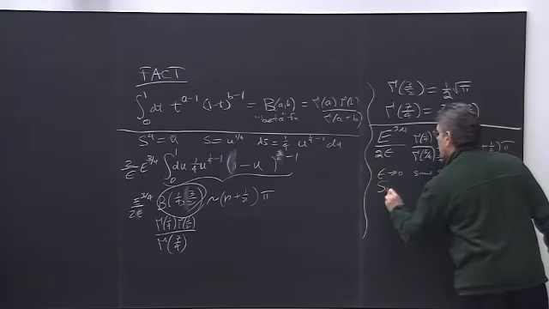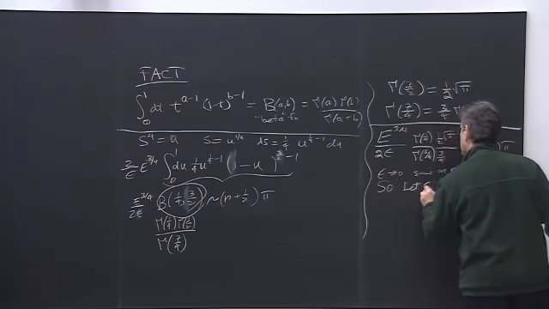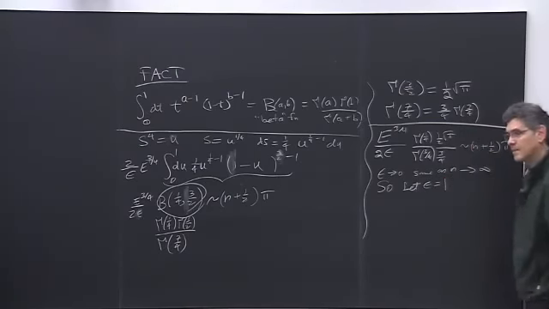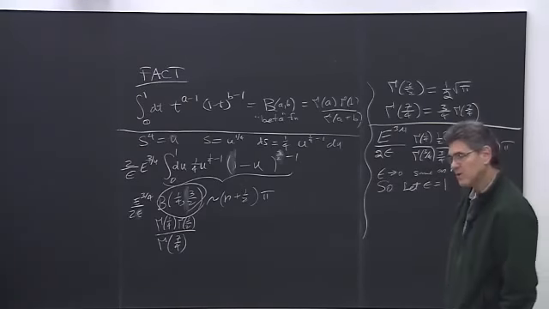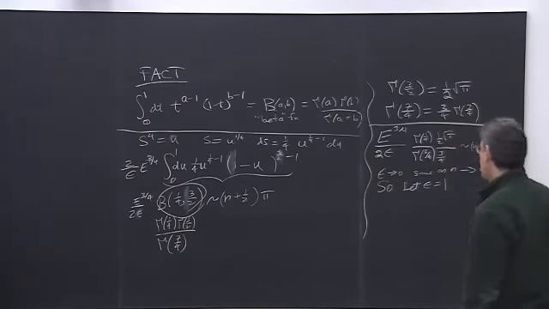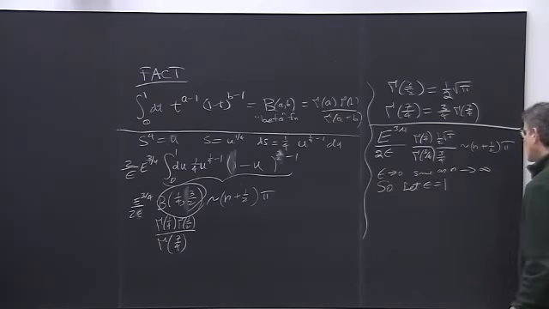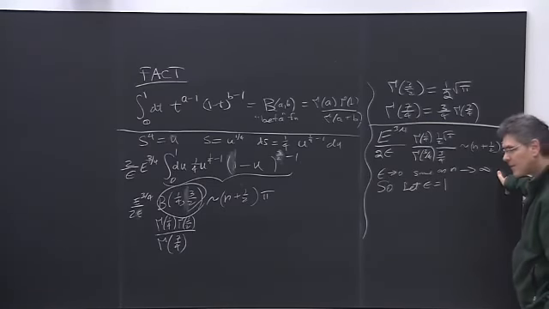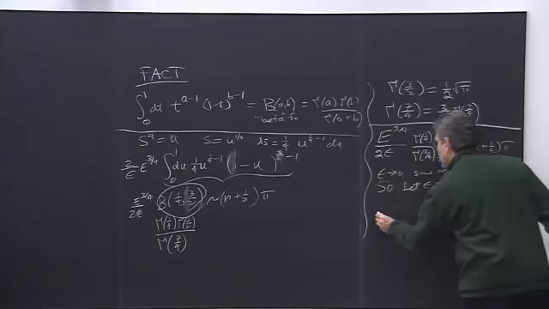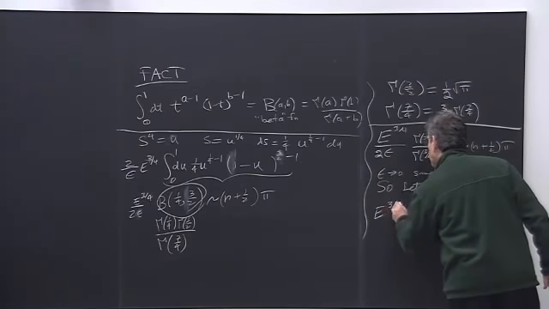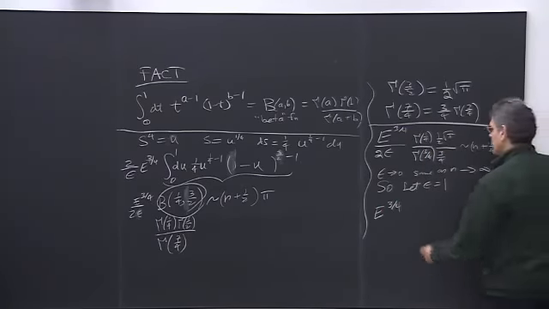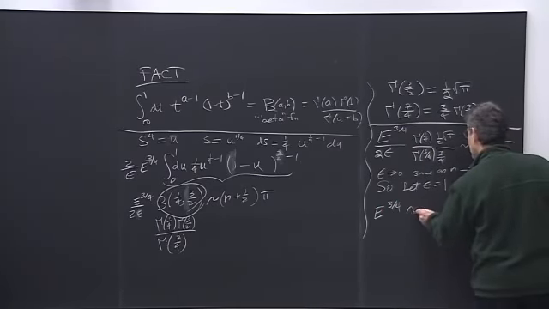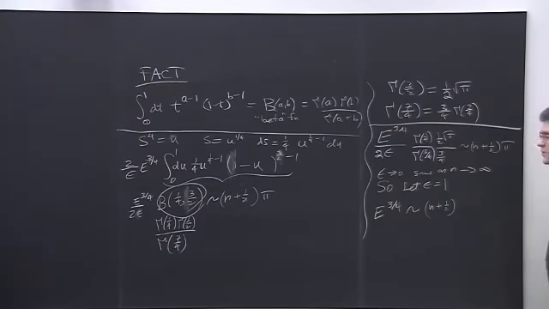So let epsilon equal 1, because that's the problem that we would like to solve, and treat this as being asymptotic as n goes to infinity. And we conclude that e to the 3/4 is asymptotic to n plus 1/2 times a bunch of numbers.